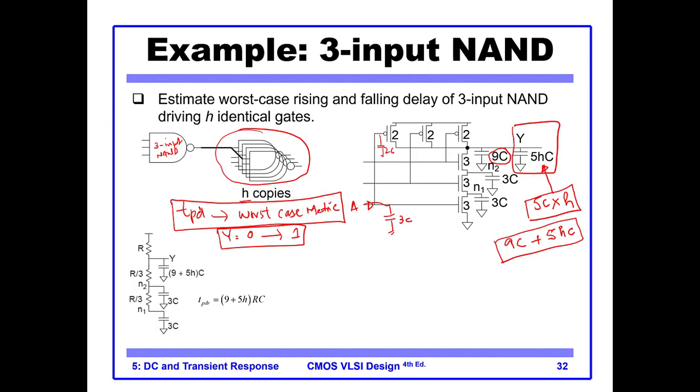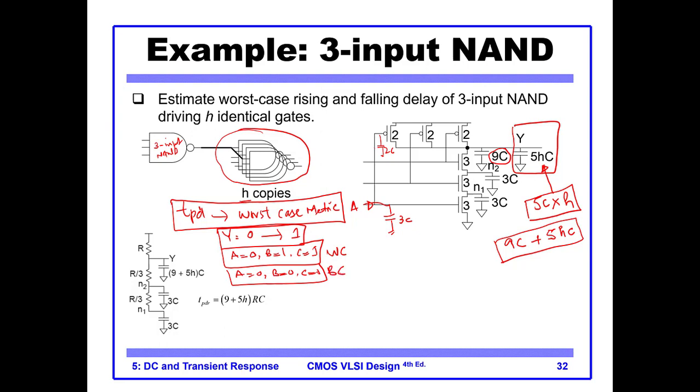Okay, so what is the worst case for the output to move from 0 to 1? The worst case is when, for example, one of the inputs, let's say A is 0, B is 1, and C is 1. This is the worst case. What is the best case? The best case is if A is 0, B is 0, C is 0.